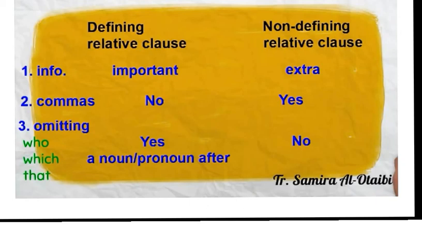In the defining relative clause, we don't use commas, but in the non-defining relative clause, yes, we use commas before and after the relative clause to show that it is not important. Number three, omitting who, which, or that. In the defining relative clause, yes, we can do that, but only if there is a noun or a pronoun after the relative pronoun. But in the non-defining relative clause, no, we cannot omit who, which, or that.